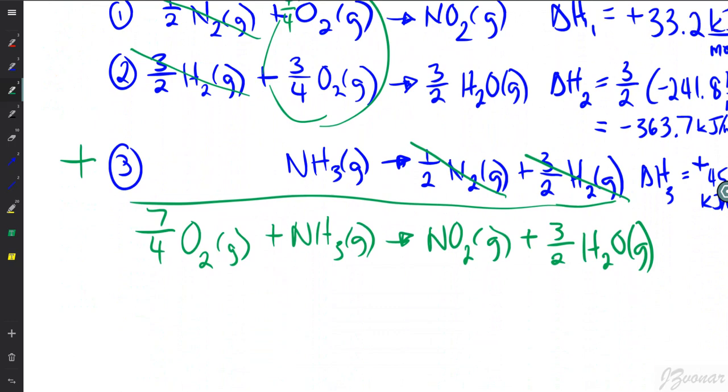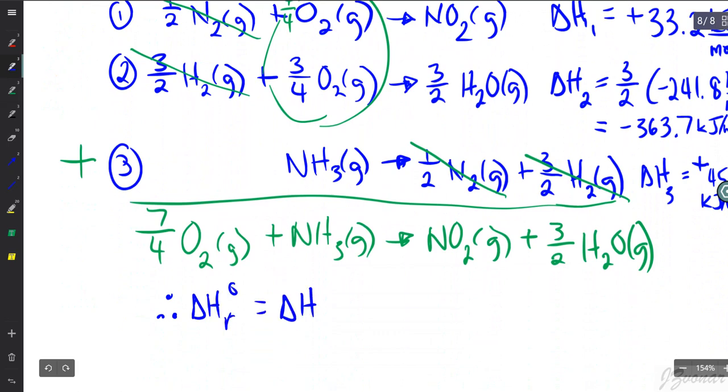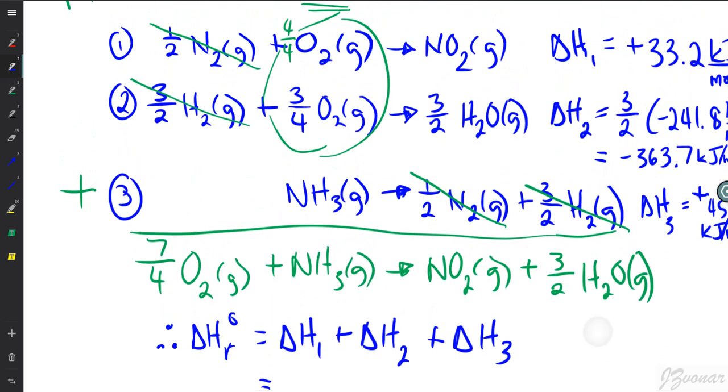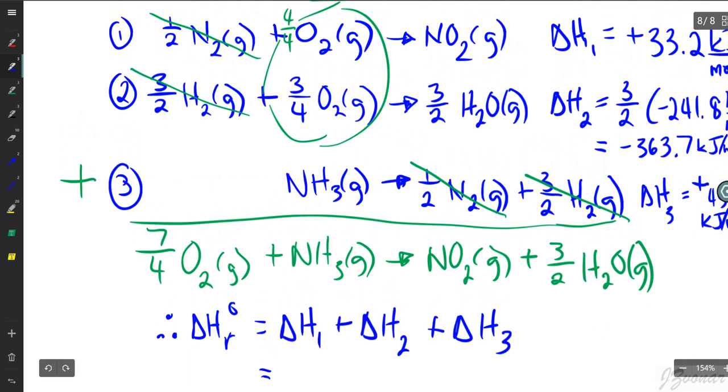So now we can go ahead and apply Hess's law. So therefore, delta H for this reaction is equal to delta H1 plus delta H2 plus delta H3, making sure that the values that we put into Hess's law are the ones that we've manipulated. So you'll notice that the first one we just left as it is.